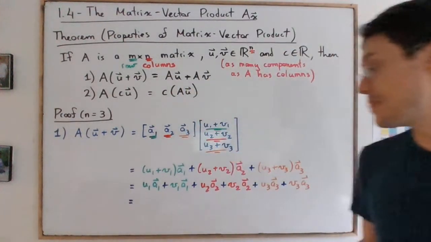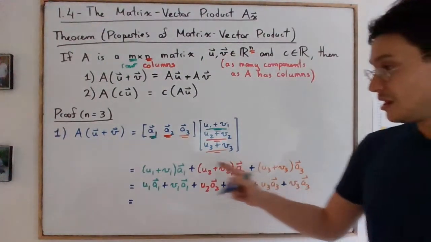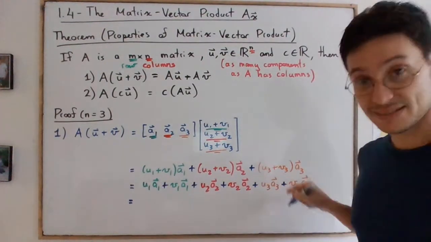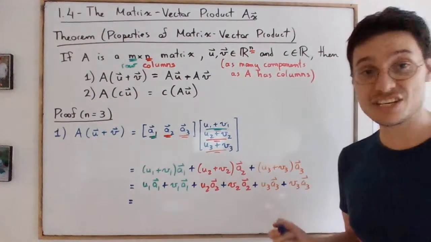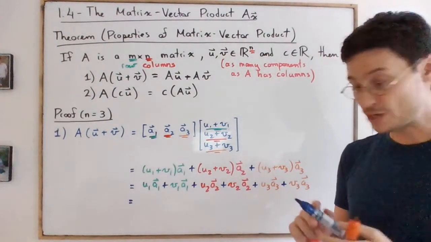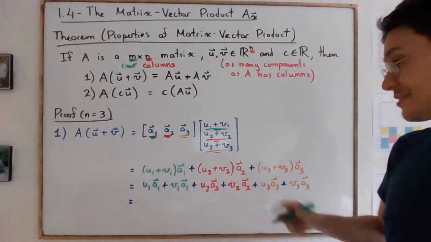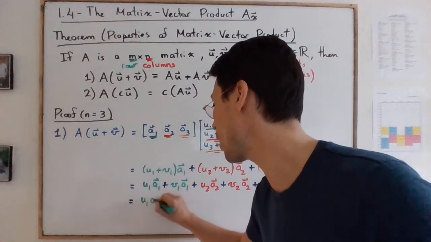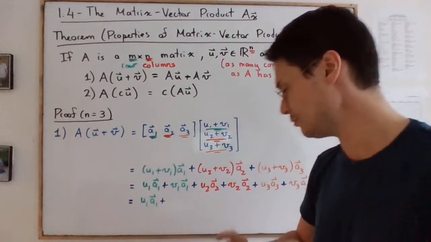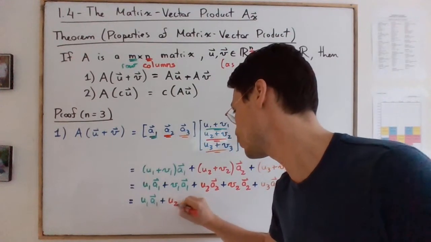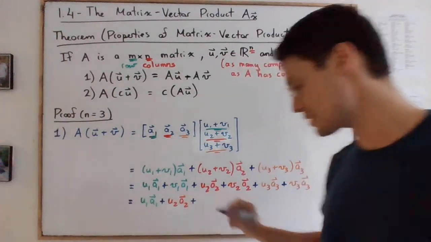All right, now the next step is very, very important. These are all vectors, and we have seen that vector addition is commutative, which means that we can change the order of all of these terms. The strategy is to go u1 a1, then put it with u2 a2, and then with u3 a3.